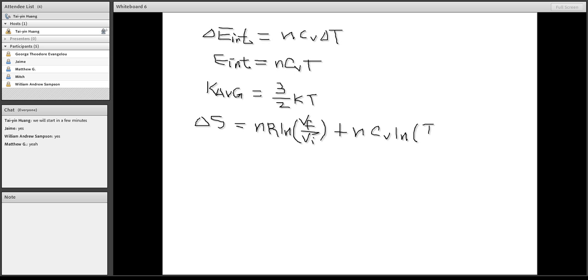So it depends on what kind of process is involved. You might have the contribution from both terms, or, for a constant volume process, the first term will give you 0. When you have an isothermal process, the second term will give you 0. So it really depends on the process, and you can use this equation to calculate the entropy change.